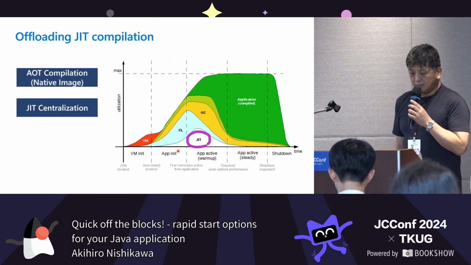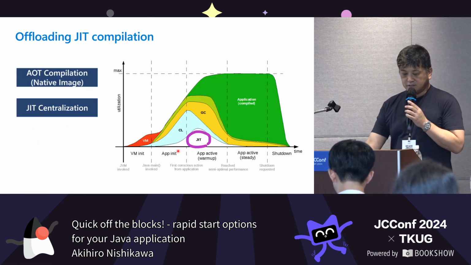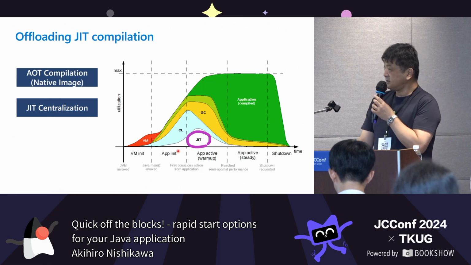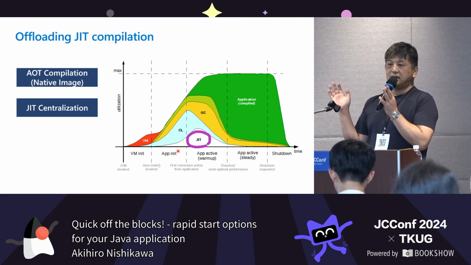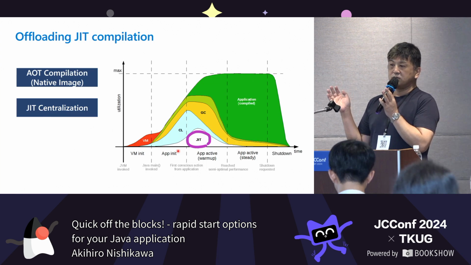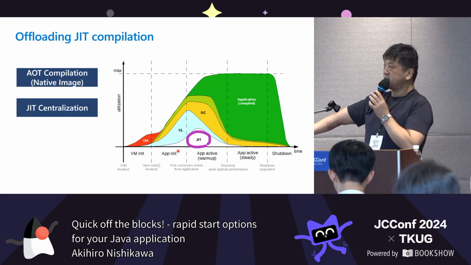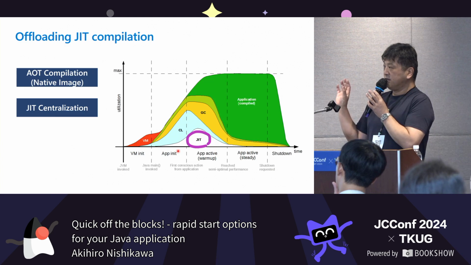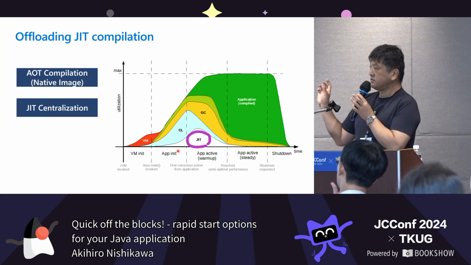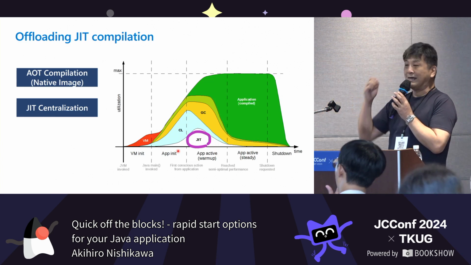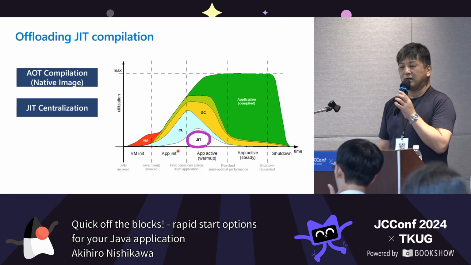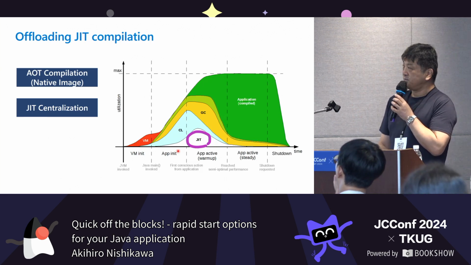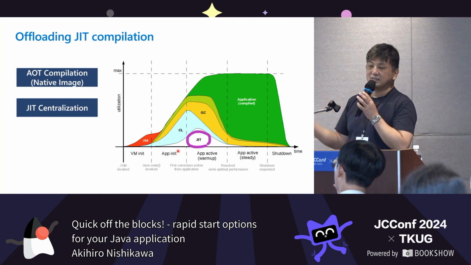Yes. Now next, JIT compilation offloading. It takes a long time to complete compilation by the JIT compiler. So if we can offload JIT compilation to another place, I suppose startup time will be improved drastically.